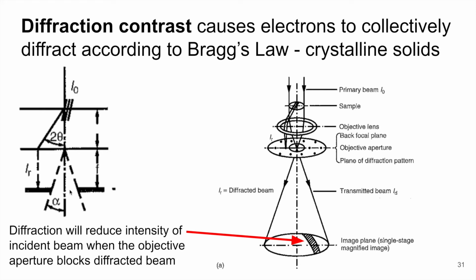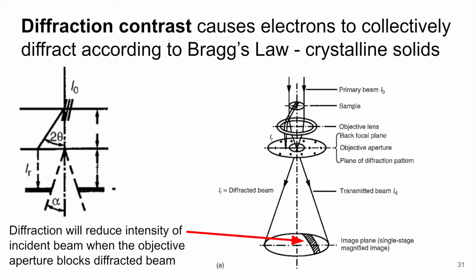And so that diffraction reduces the intensity of the incident beam when the objective aperture blocks these diffracted beams. So in this type of mode, the transmitted beam is what makes it through. The diffracted is not. It hits the back of the objective aperture. And so if this is the thin strip that is crystalline, then that appears darker in the image.